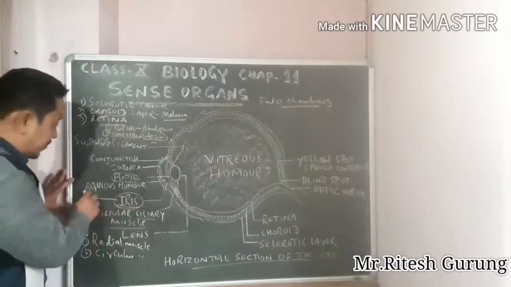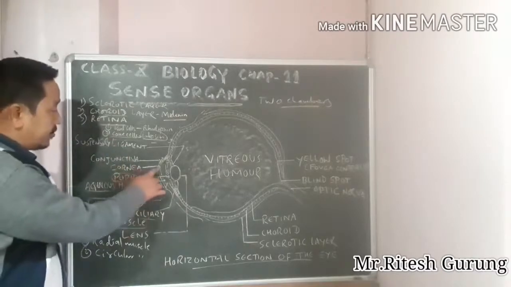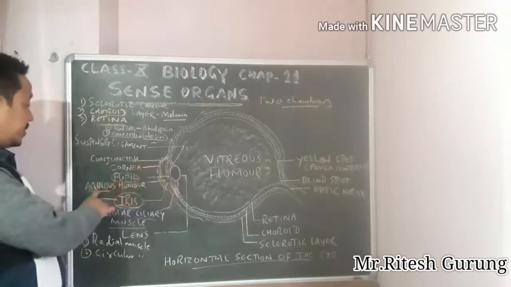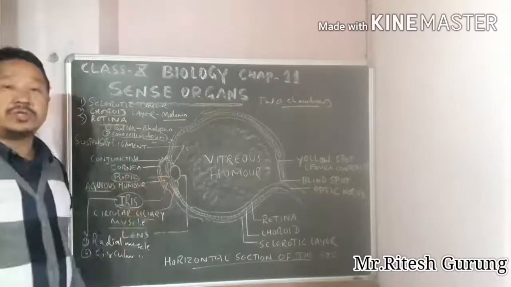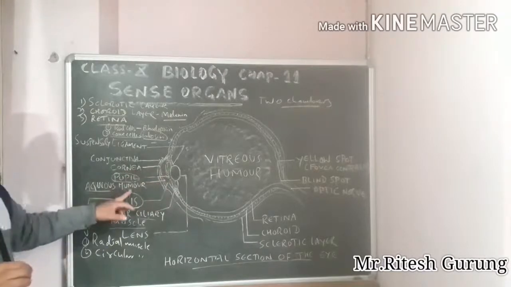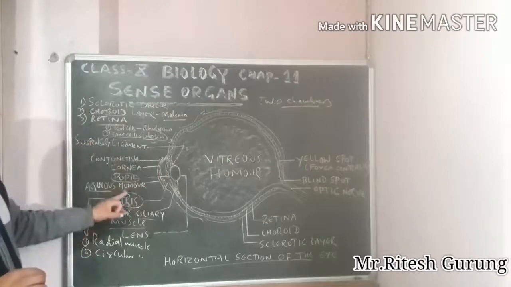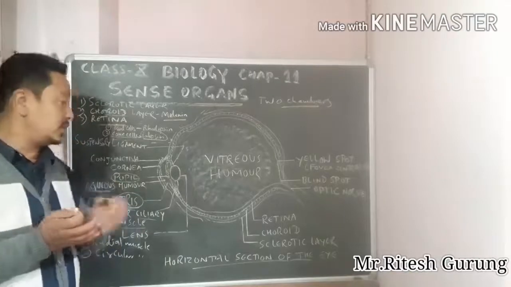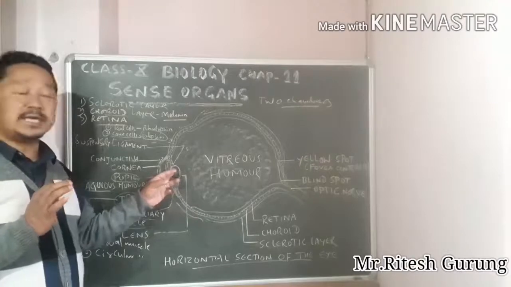Let's talk about the aqueous chamber first. The aqueous chamber is the chamber between the cornea, this is the cornea, and the lens. It is filled with a watery liquid called aqueous humor. The function of the aqueous humor is to keep the lens moist, and it also protects the lens from shock.